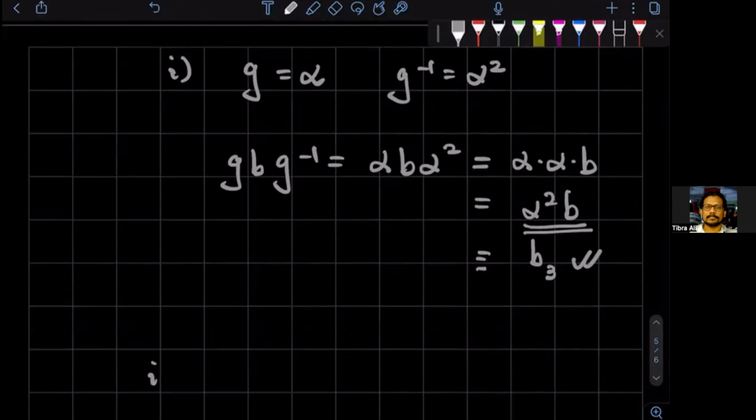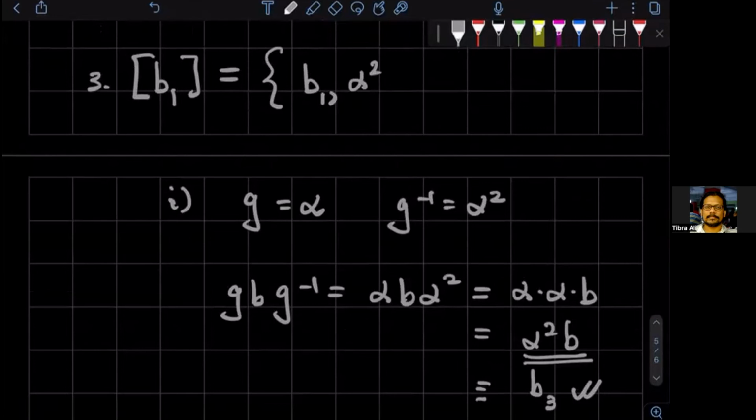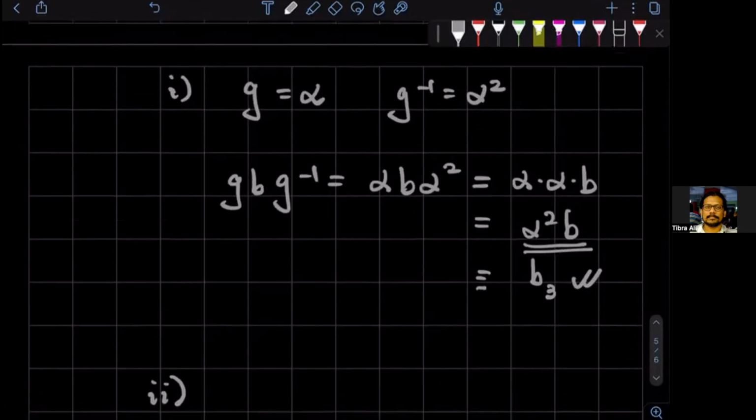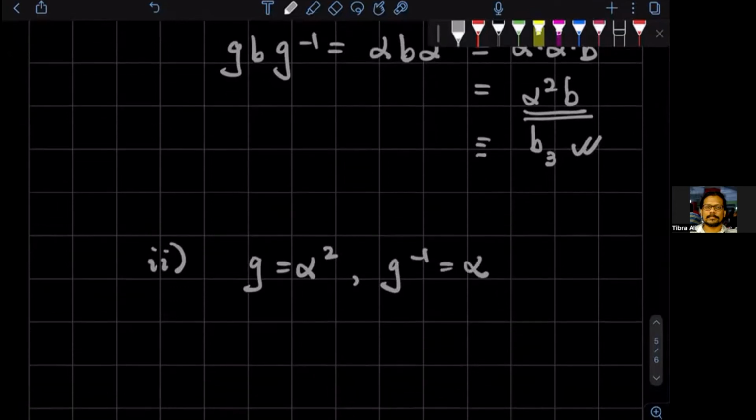So now we have B and alpha squared B. Right? And then let's take G to be alpha squared, then G inverse is alpha, so G B G inverse is alpha squared B alpha.